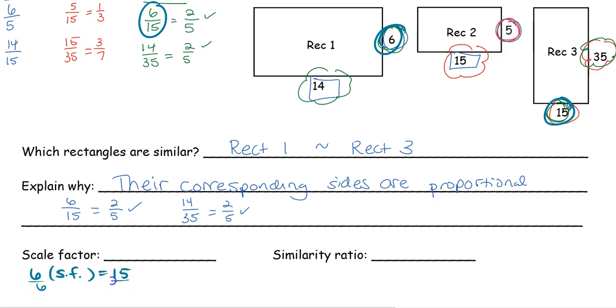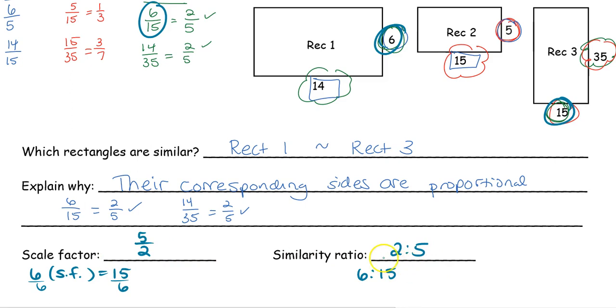We divide by 6, and we find that the scale factor is 5/2. So it's going to be getting larger. Now if I had written my statement 3 to 1, it would be getting smaller, so it would be 2 over 5. But because I wrote my statement 1 to 3, it's 6 becoming 15, so it's getting larger. So if the scale factor is 5 to 2, the ratio is 6 to 15, which is 2 to 5.